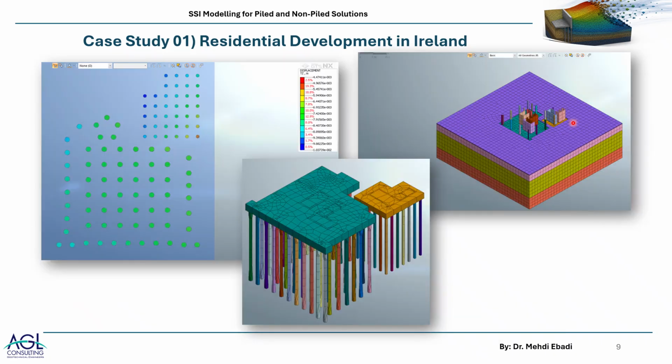So as you can see on the right in this area, this is the model that we had, and the two cores of the foundation that we've modeled with the stratigraphy.